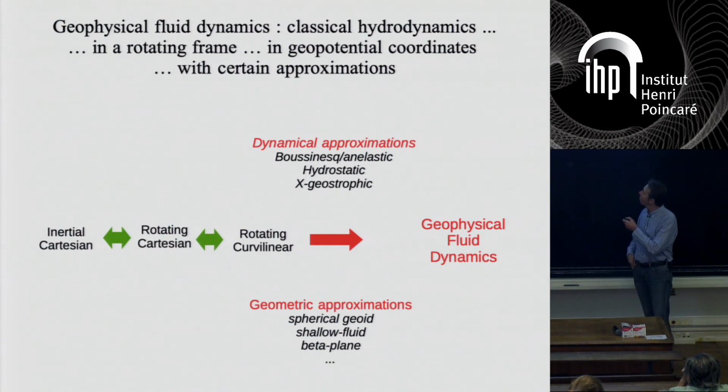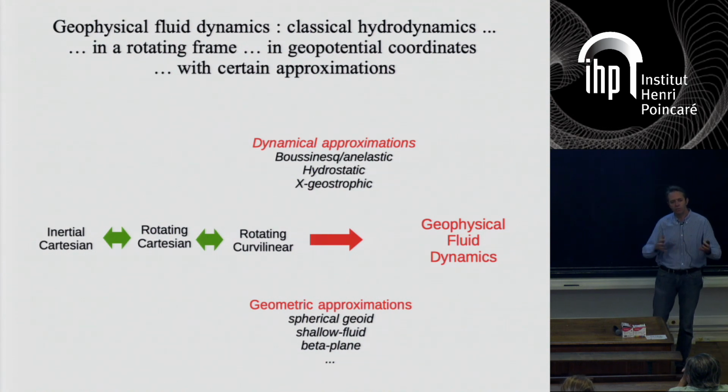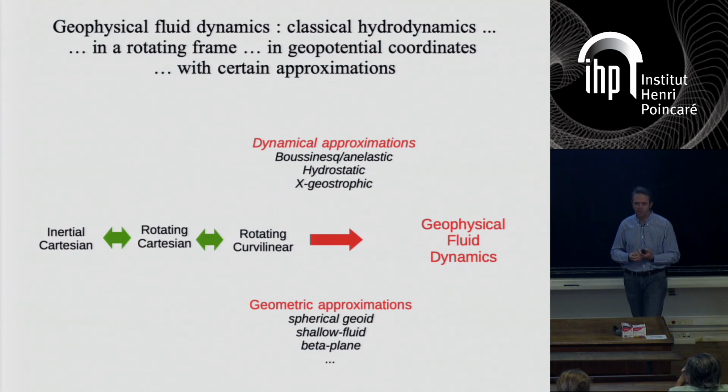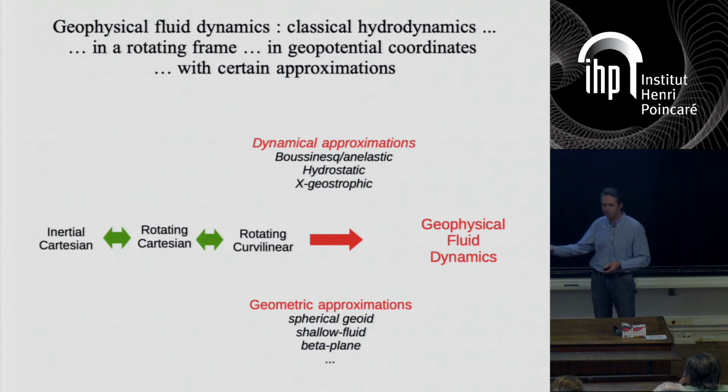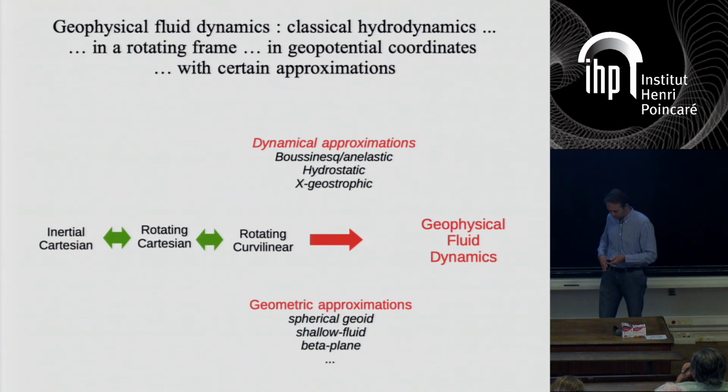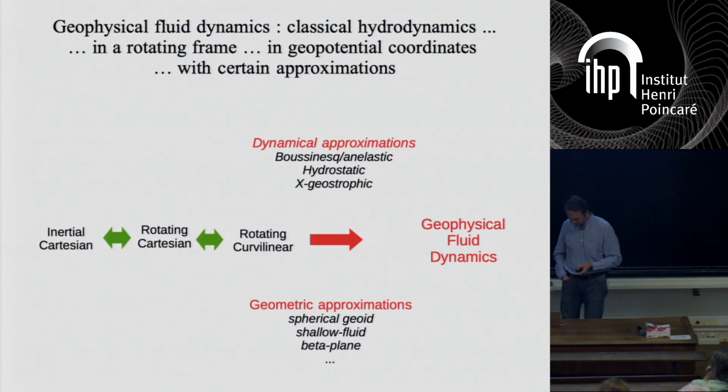And while up to this point we could always go back, right? Everything we were doing was just rephrasing the same thing in an equivalent way. Now it's a one-way road. Once you've done the approximation, you have a system which is different from the original one. So I would argue that that's where geophysical fluid dynamics lies.